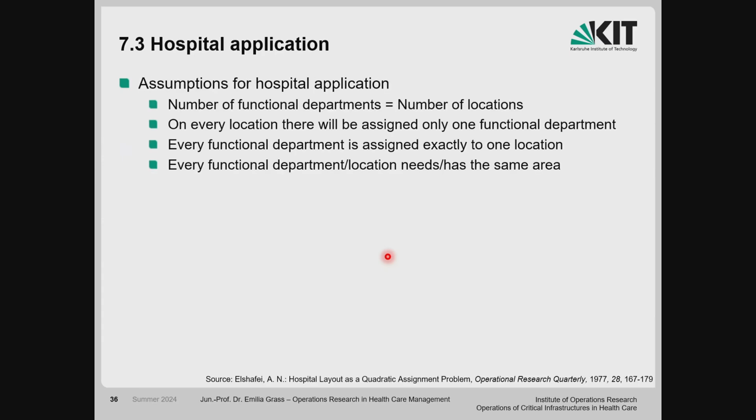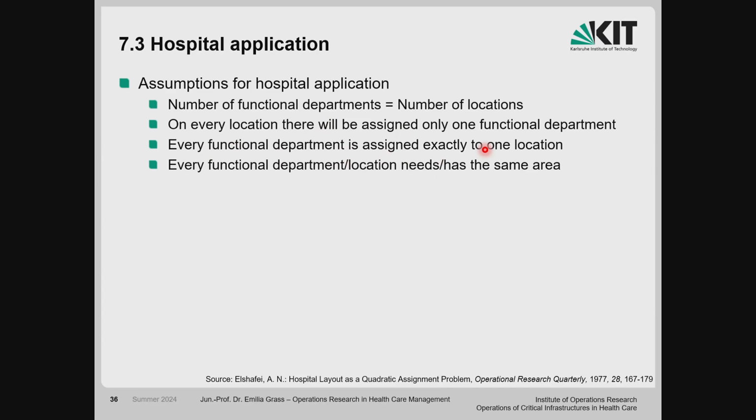And for the hospital application, we need some kind of assumption. So first of all, we assume that the number of functional departments or wards is the same as the number of locations. So you have 4 rooms, so you have 4 departments, and then you have to allocate and assign them. And on every location, there will be assigned only 1 functional department. We had that already. And every functional department is assigned exactly to 1 room. Okay, we also had that in our constraints.